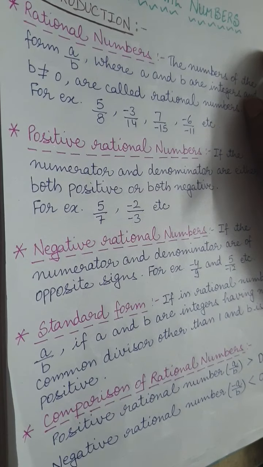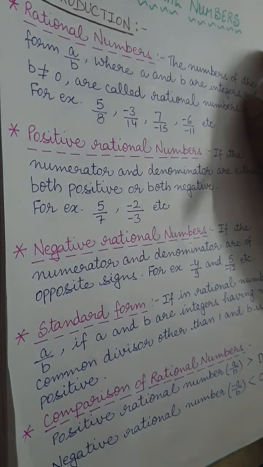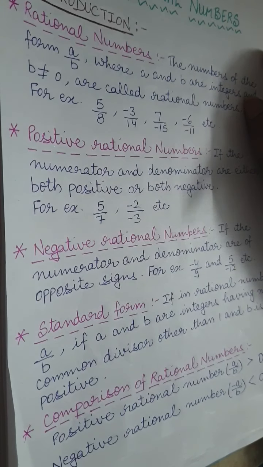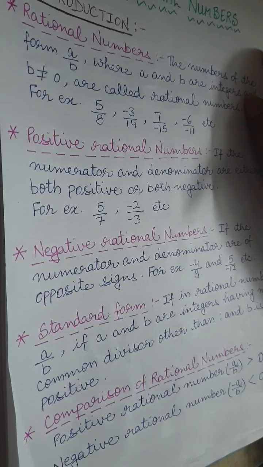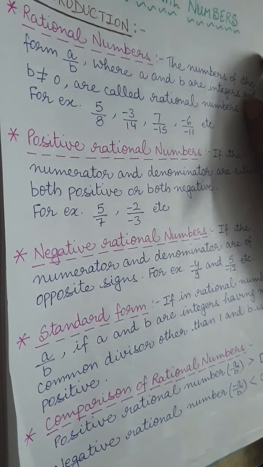For example, 4 upon 3, 2 upon 5, minus 7 by 6 and so on. The examples are endless because they start from negative then go to positive. They are endless. I am again saying they cannot be counted.